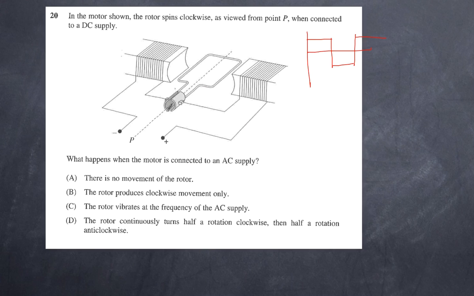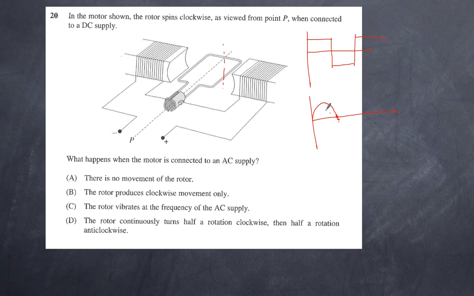But what happens when we connect this particular motor to an AC supply? Well, the first part is positive, that's true, and so it will turn in a clockwise direction. When the coil is in the vertical position, the current reverses direction, but now it also reverses in this direction because of the commutator, but it's an extremely weak current at this point in time.